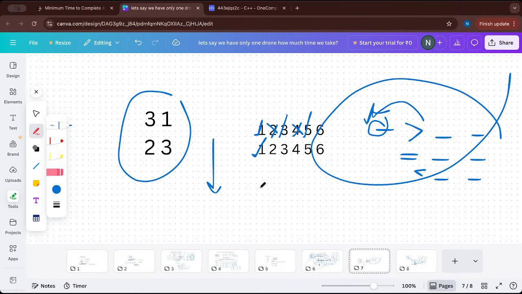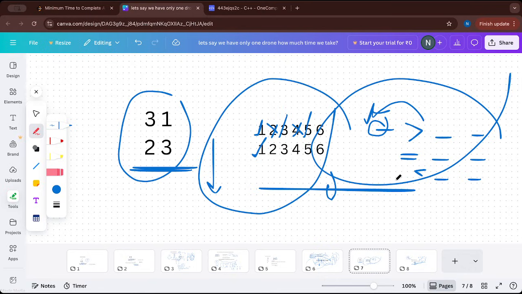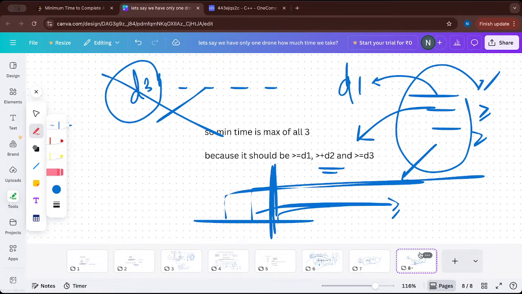We are making both different, and the only goal of making the LCM is not to deliver at recharge points. But what if these are like this? The maximum of D1, D2 will give the maximum answer for this. So no need of the other thing. So simply we can take the maximum of all these to get the answer.